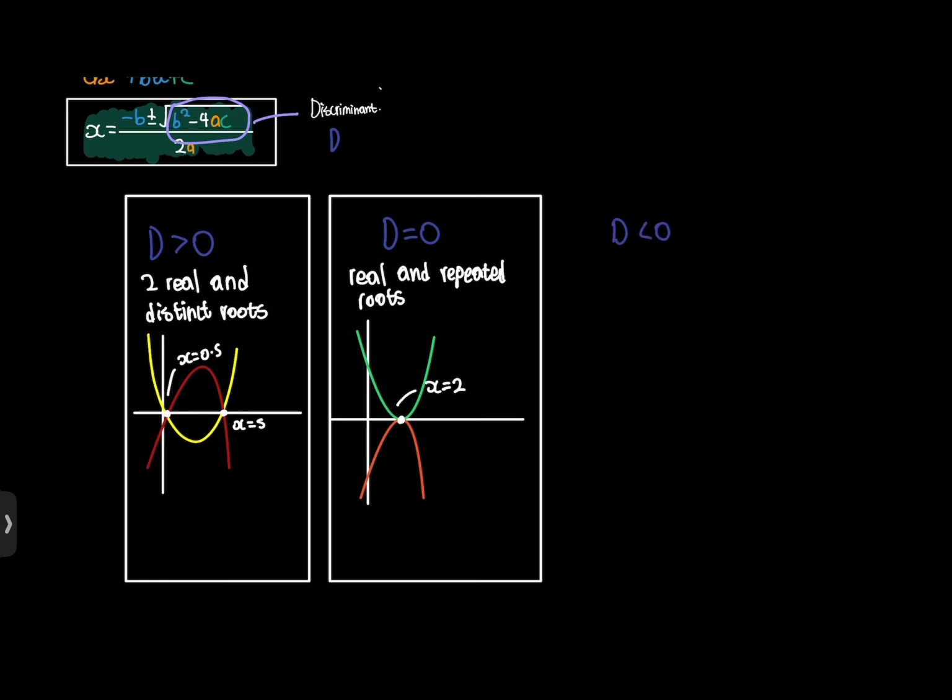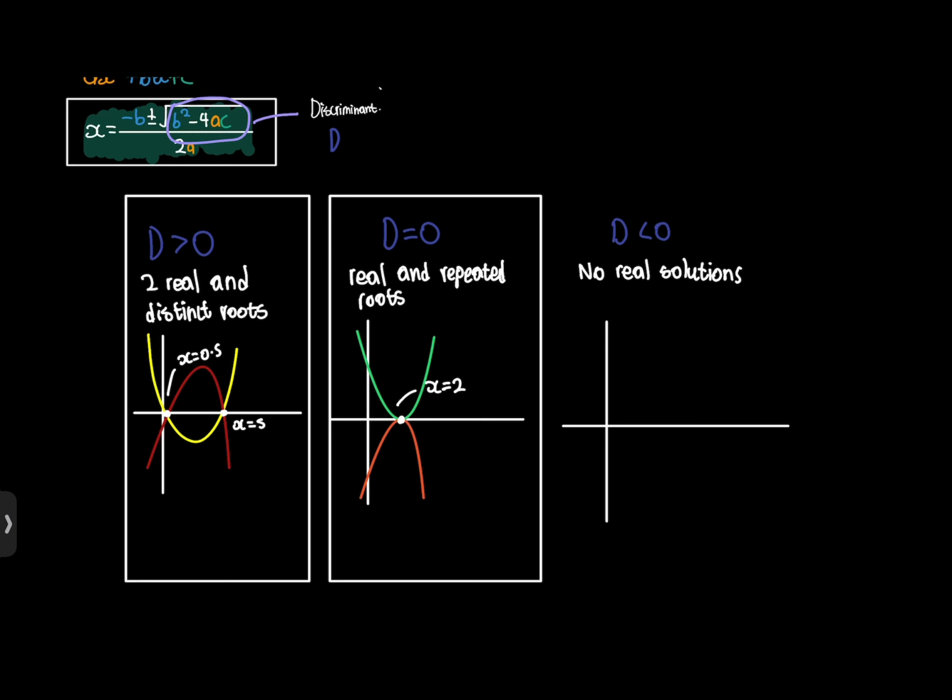What happens if your discriminant is less than 0? Then your curve will have no real solutions or roots. And what will that look like? Well, solutions just means x-intercepts, essentially.